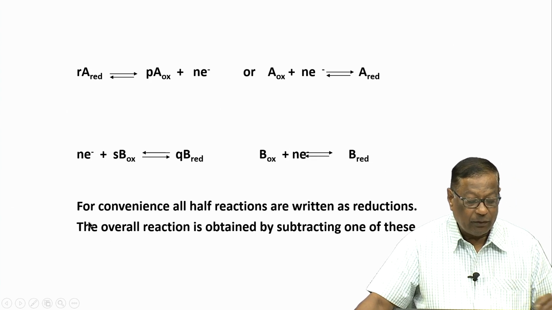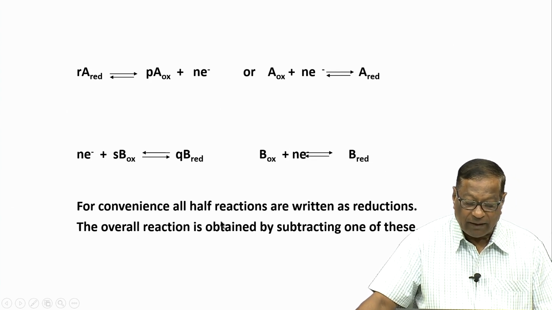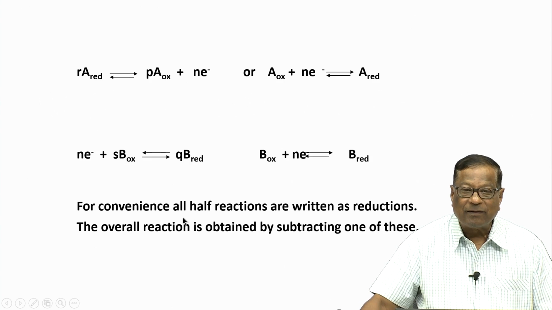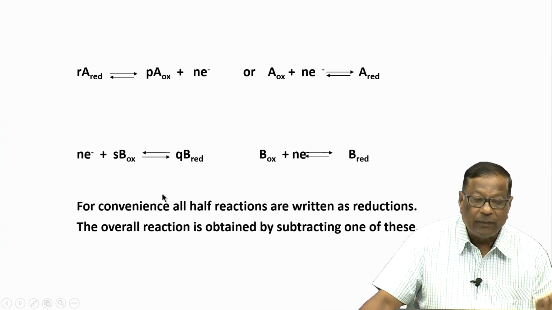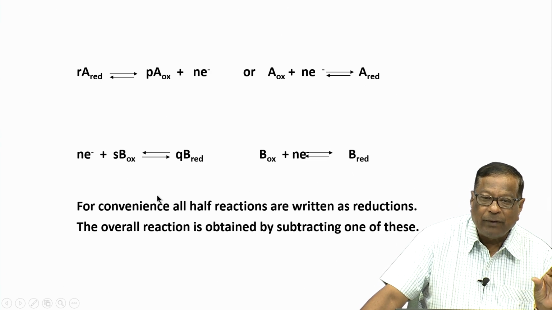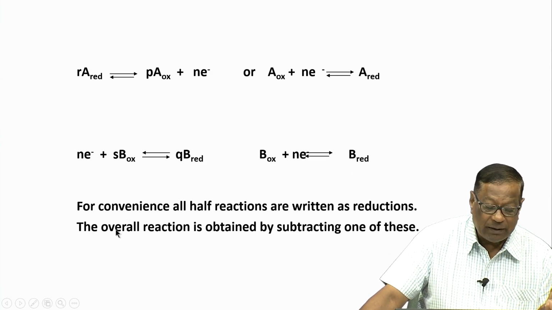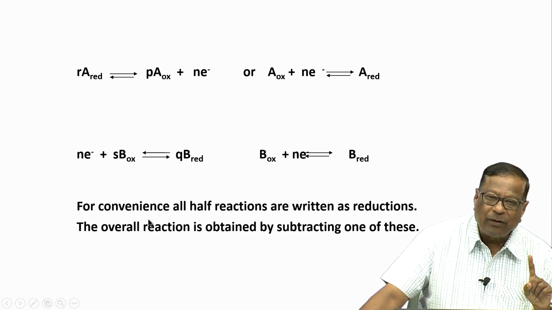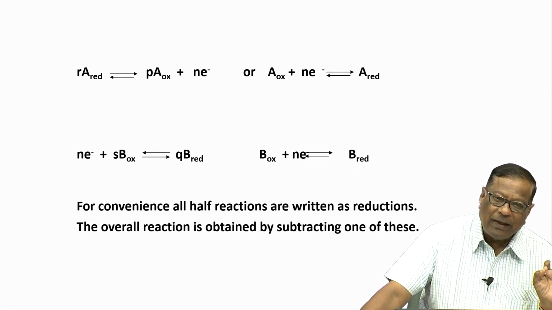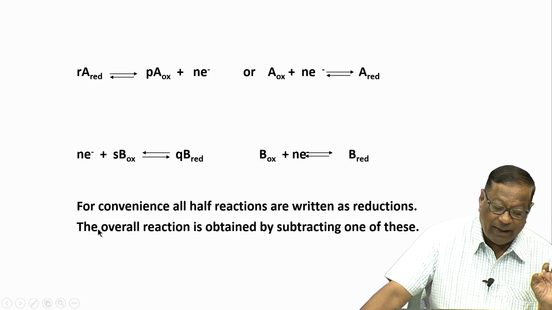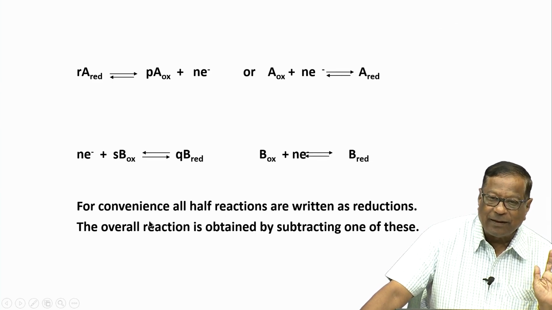So, for convenience all half reactions are written as reductions. This is a convention we should learn. Even if the value is negative, you still write it as a reduction.